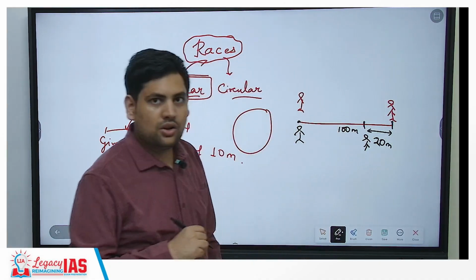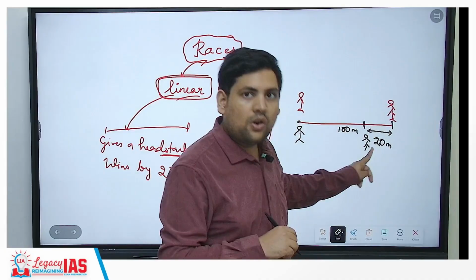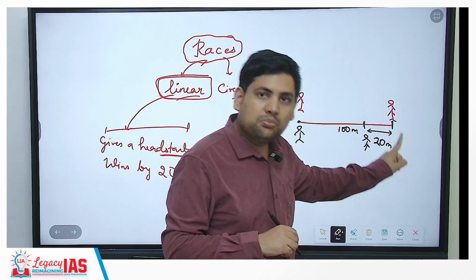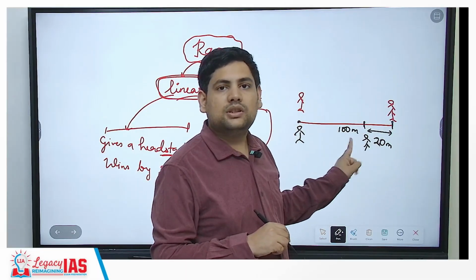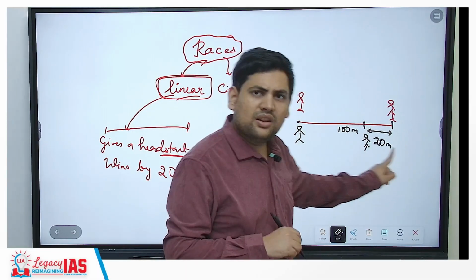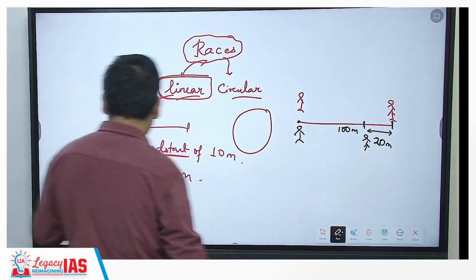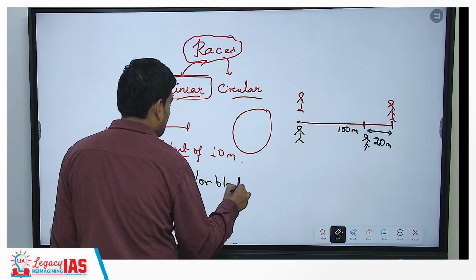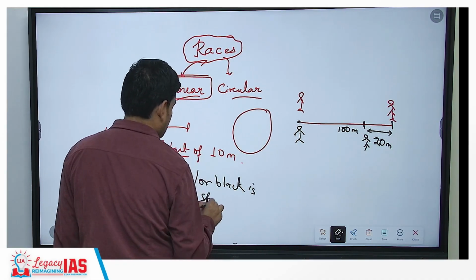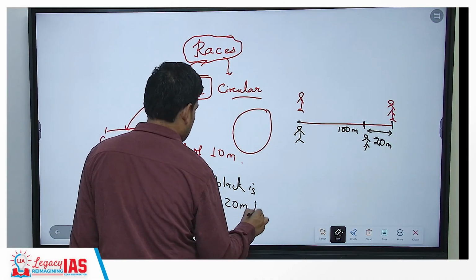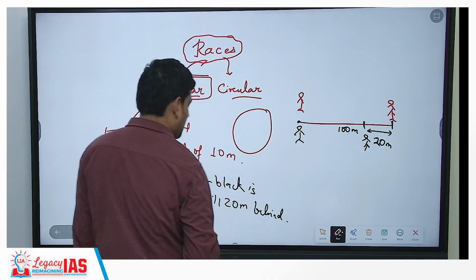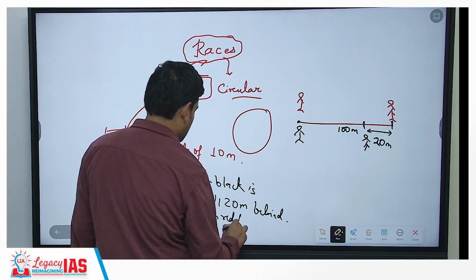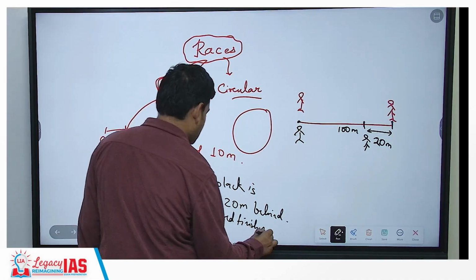Then what you will write? You will write that red won the race by 20 meters, or when red crosses the finish line, black is still 20 meters behind. So this is "wins by 20 meters", or black is still 20 meters behind when red finishes.